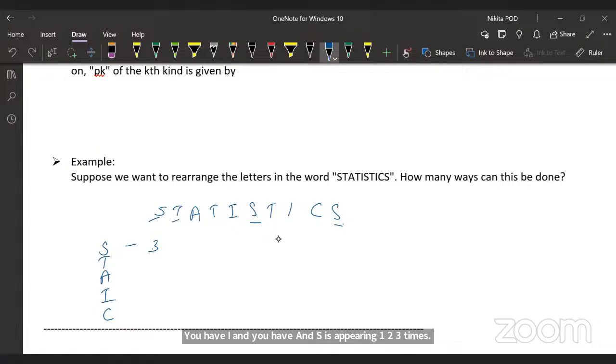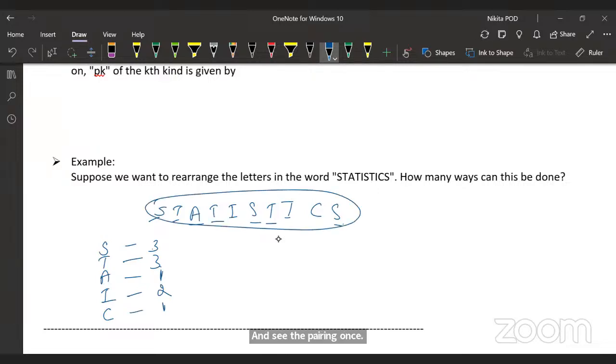T is appearing 1, 2, 3 times. A is appearing 1 time. I is appearing 2 times. And C is appearing once. So the total number of letters in statistics is 10.